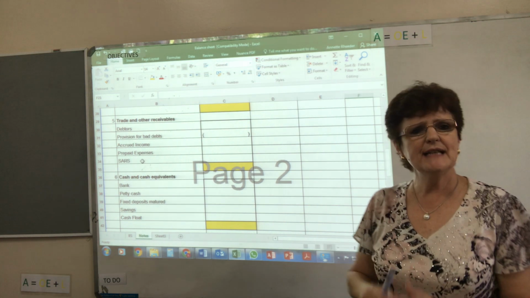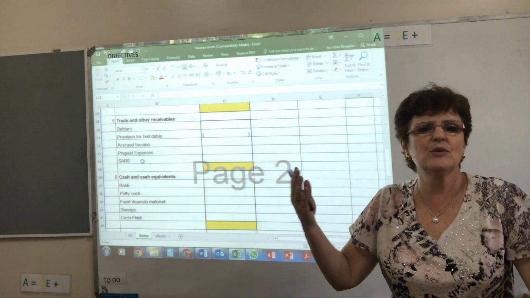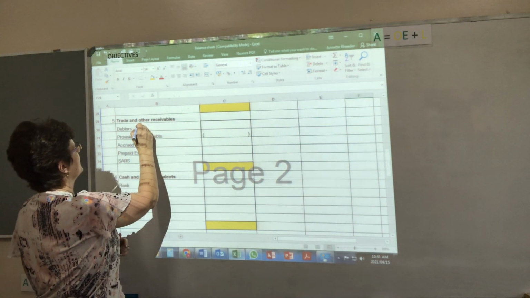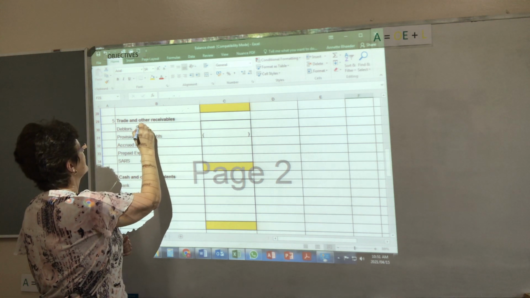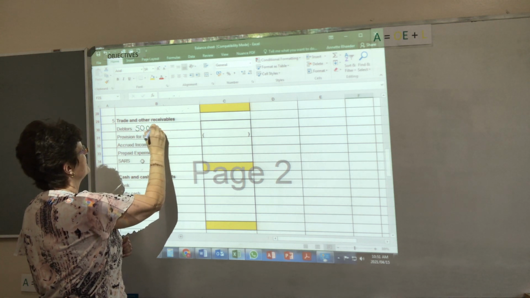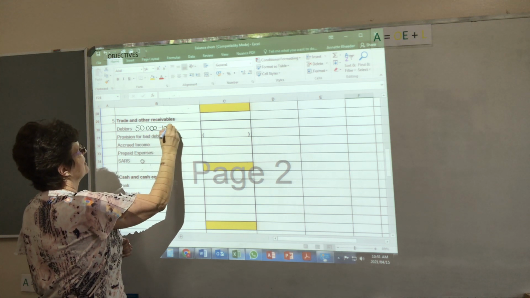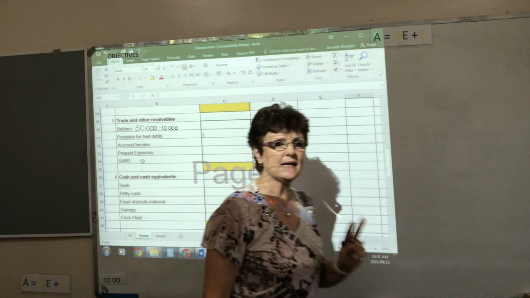So again, if there's any change to debtors, let's say a debtor was written off, and we say that the debtors control account, remember debtors control or accounts receivable, let's say that amount was 50,000 and we've written off a debtor whose account was 10,000. Yes, there's always two entries.